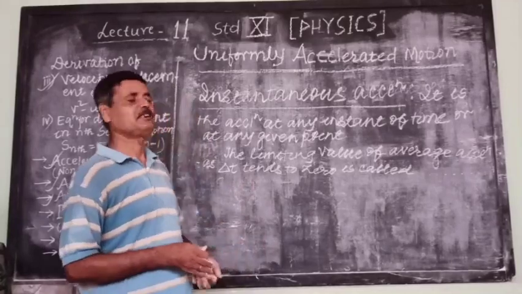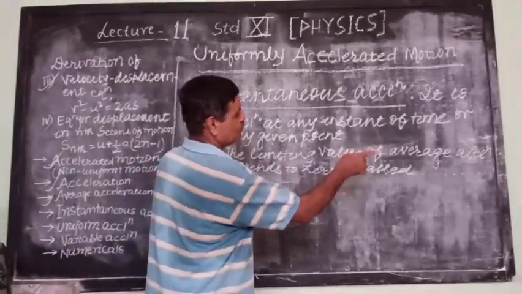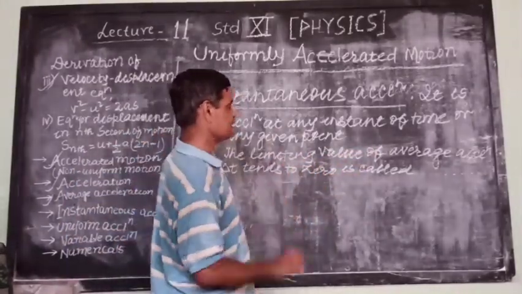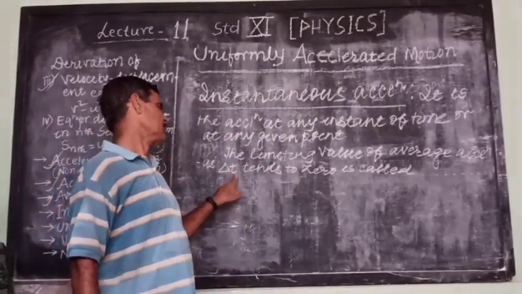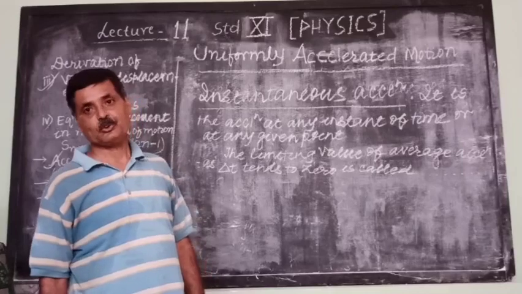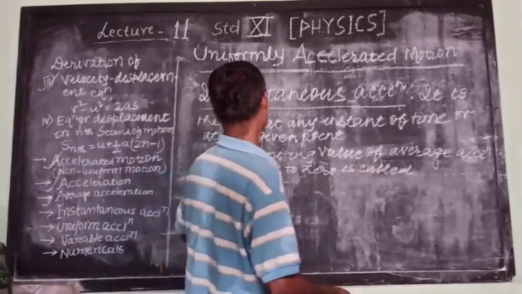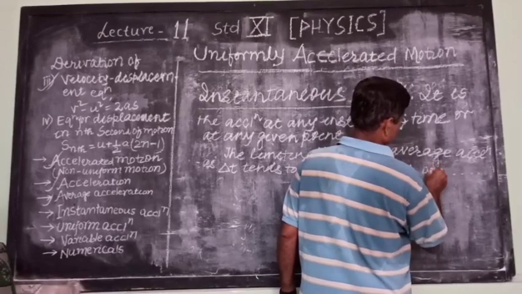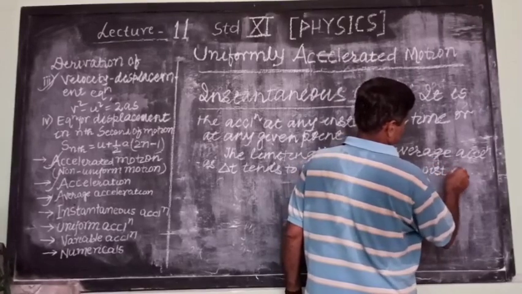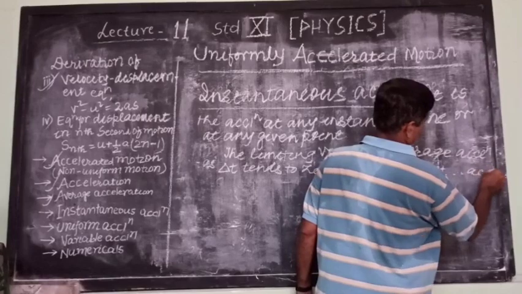We can write it as the limiting value of average acceleration as delta t tends to 0, which is called instantaneous acceleration.